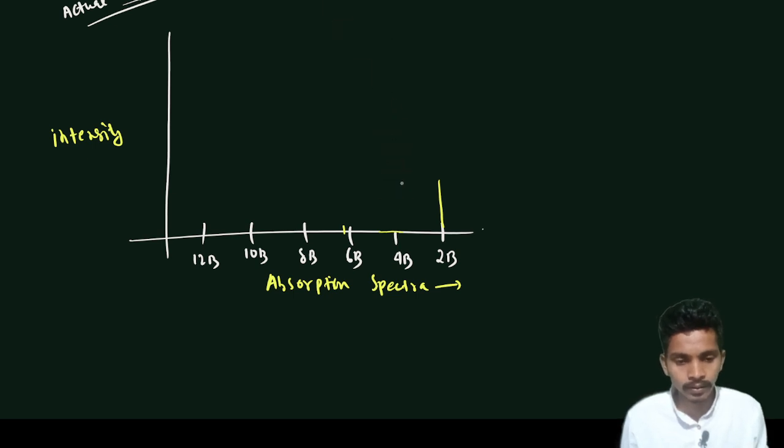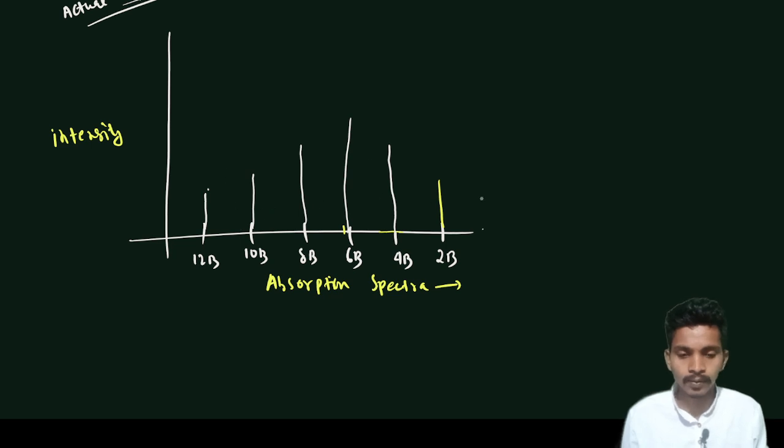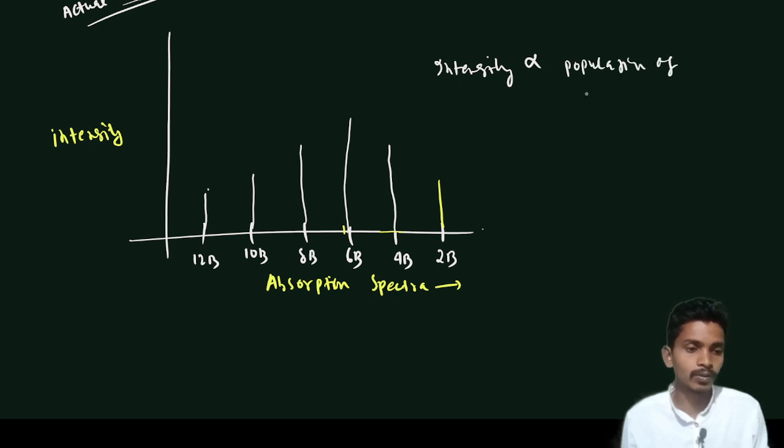Like that the spectrum will be there, which means the intensity is different, and intensity is directly proportional to the population, the number of molecules present.